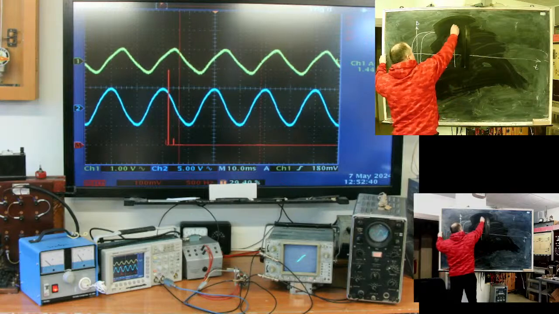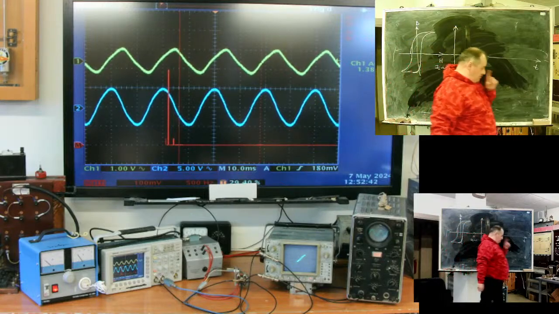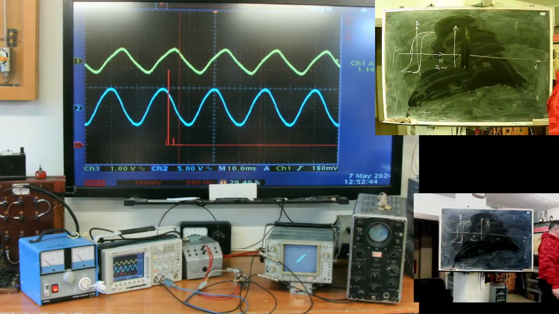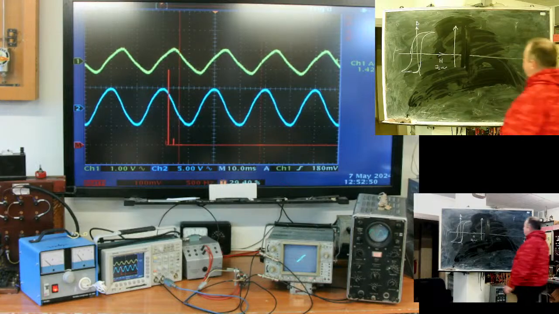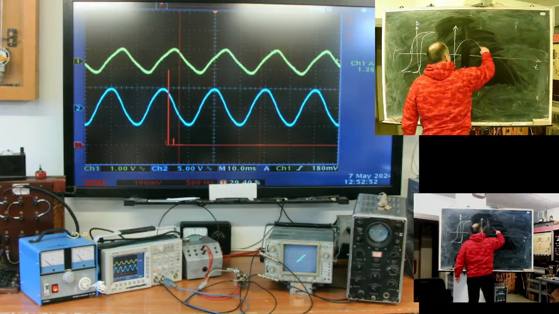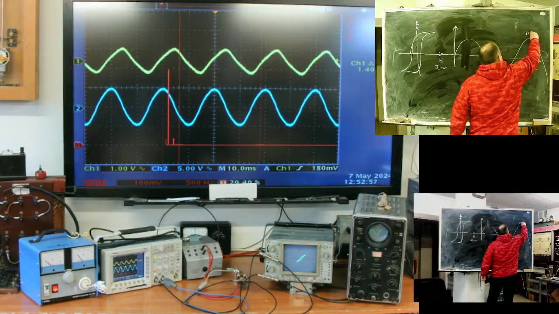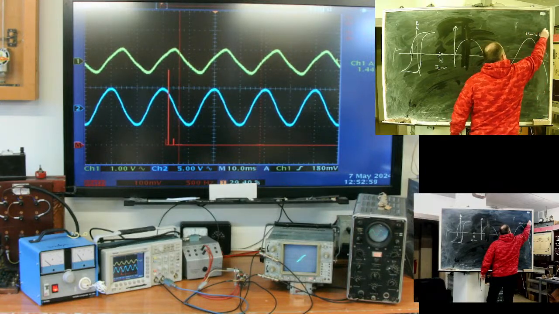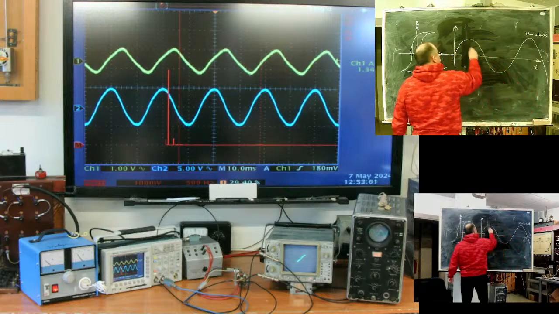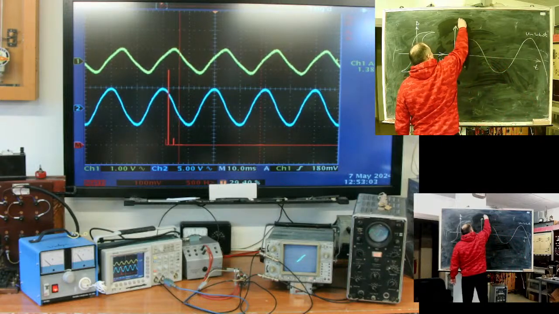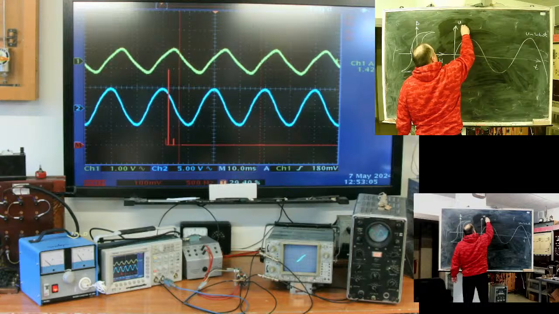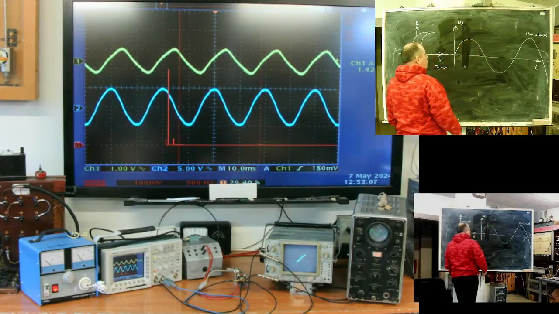Let's start from the simple idea. I have connected an unloaded transformer to the network. Let's say this is network voltage, sine omega t. Yeah. So this is primary voltage.